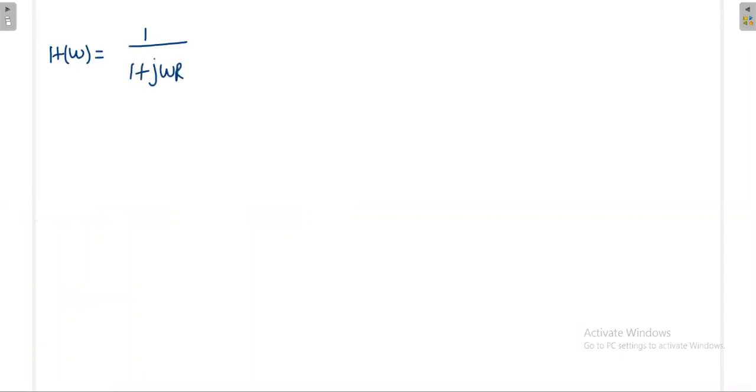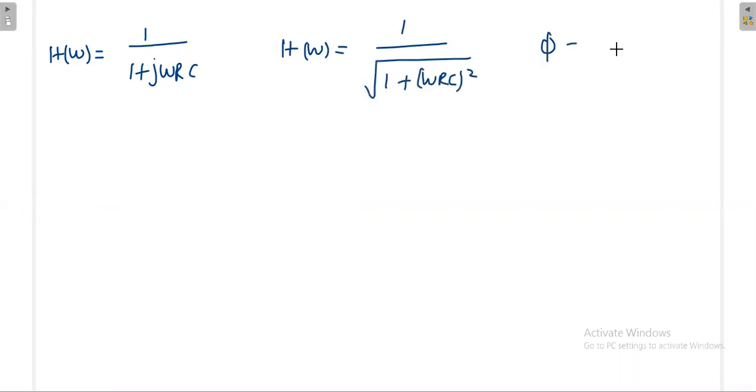Then the magnitude is 1 by the square root of 1 plus omega RC whole squared. Then the phase phi is equal to minus tan inverse omega RC. Now we have both magnitude as well as phase of this transfer function, so we can plot both the magnitude response and the phase response.